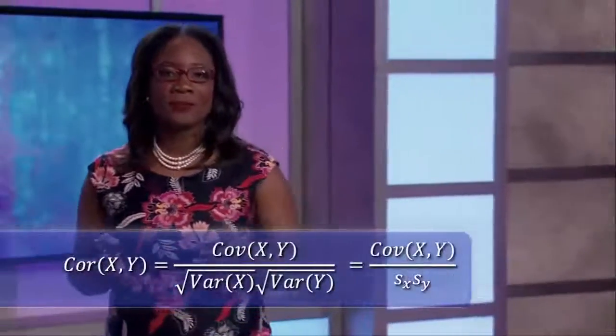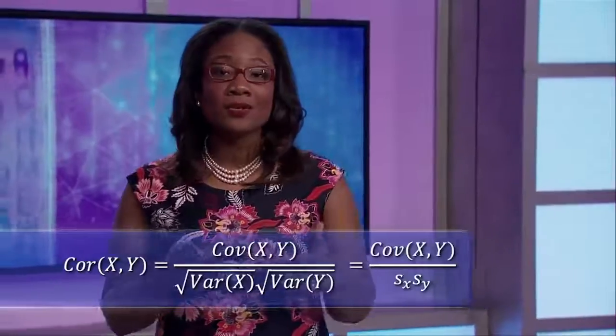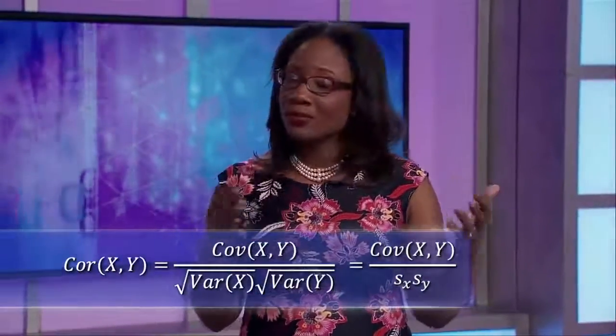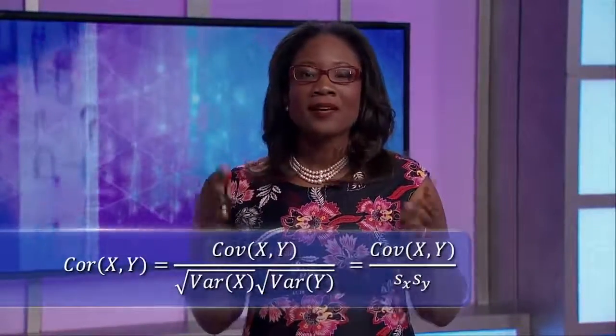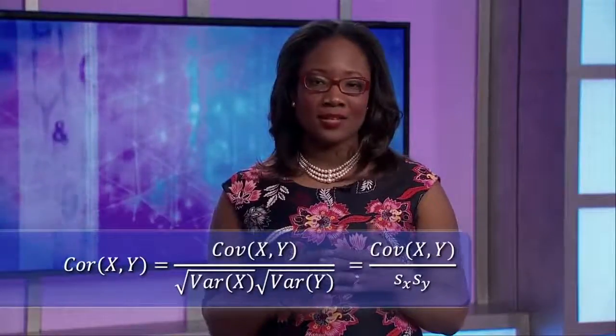All right, here's how we get it. The correlation between X and Y is equal to their covariance, so what we just found, covariance between X and Y, divided by each of their standard deviations.